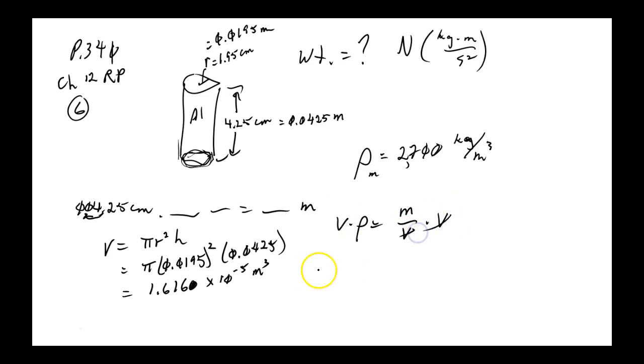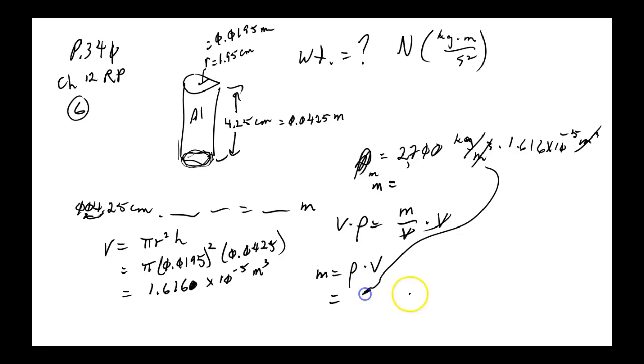Mass equal density times volume, and that's why we multiply 2,700 times 1.616 times 10 to the -5th meter cubed. Meter cubes go out, and you get a fairly small number. And this is going to be mass now, not density.